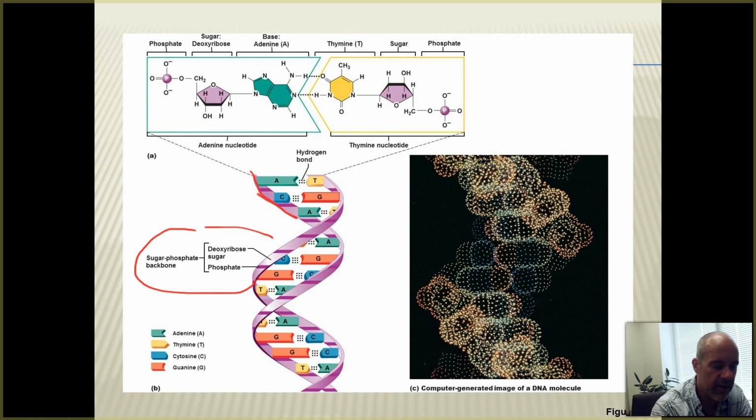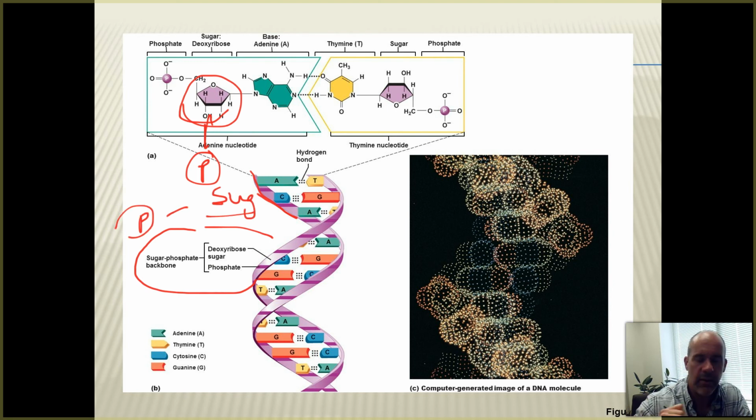That means that the sugar portion on one nucleotide is bonded to the phosphate on the next. And then the sugar of that nucleotide is going to be bonded to the phosphate on the next nucleotide. That's called the sugar phosphate backbone. That's how a single strand of DNA, a single polymer, a single chain is held together.